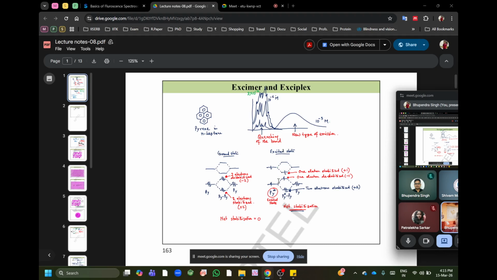But in the excited state, this electron is going here, which means what is happening? The net stabilization will be half of 2 minus 1 plus 1, so 3 minus 1 divided by 2.